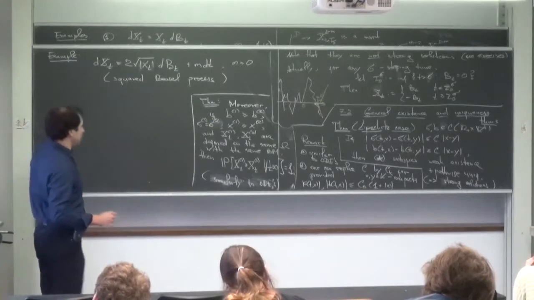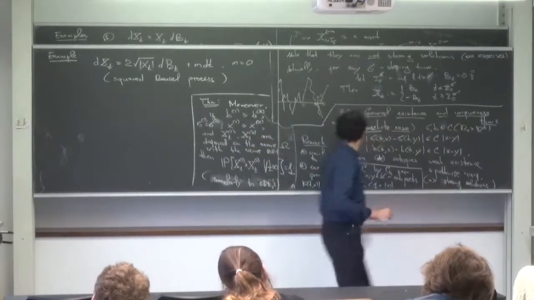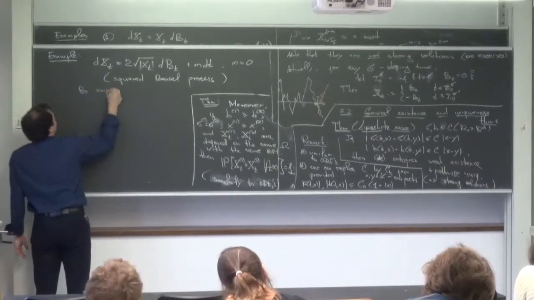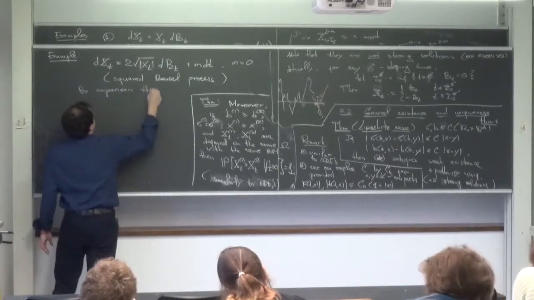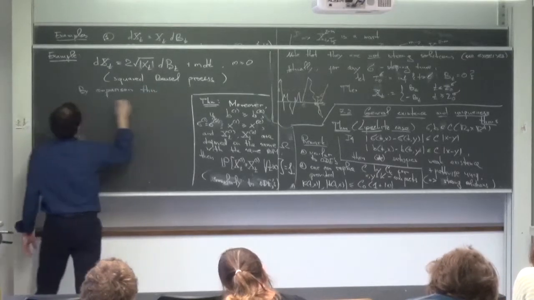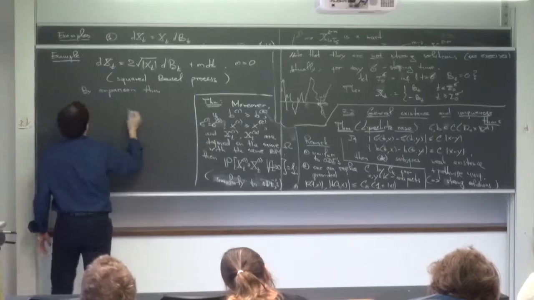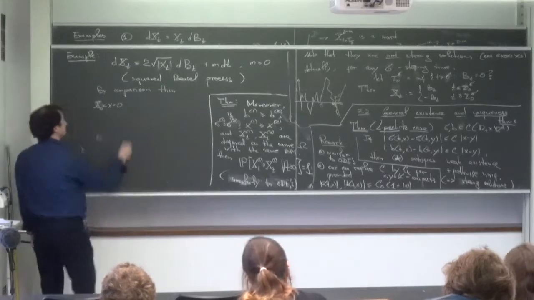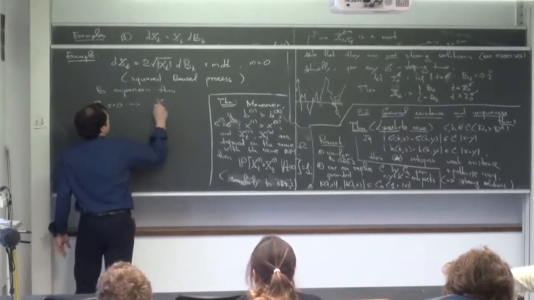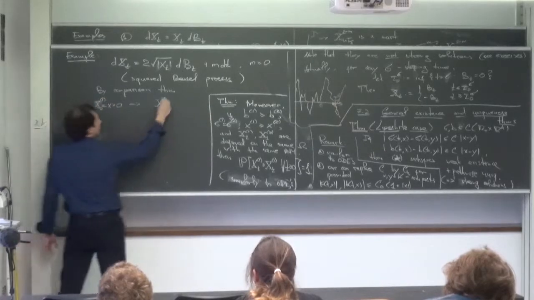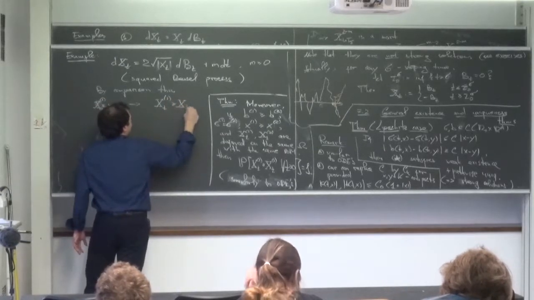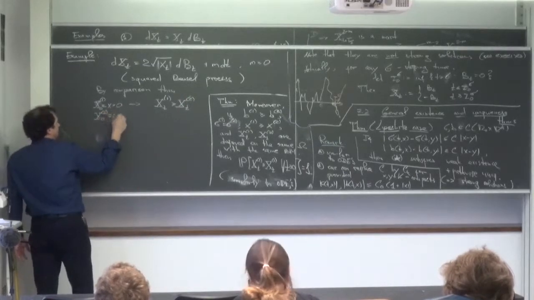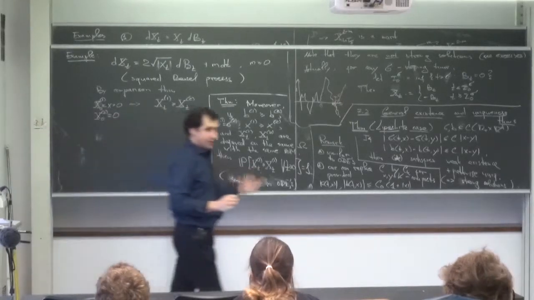What we know is that we have these strong solutions, and by the comparison theorem, if we start at some positive point, let it be x1, then it remains greater than x2, where x2 is started just from 0.